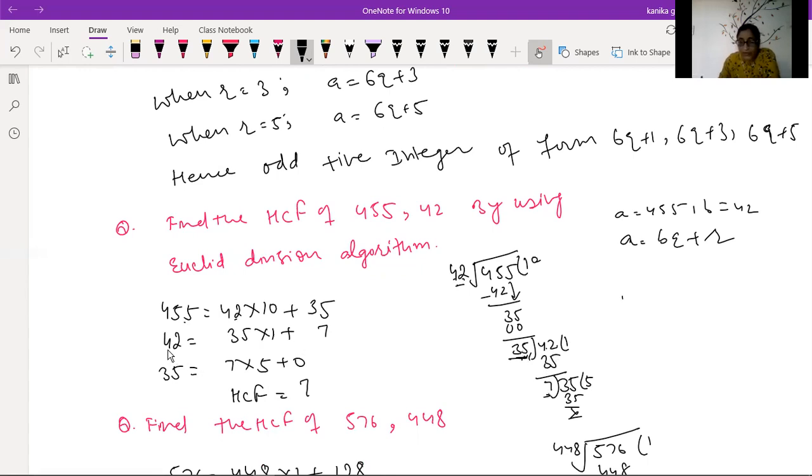So you can write 42 is equal to 35 multiplying by 1 plus 7. Dividend is equal to divisor multiplying by quotient plus remainder.